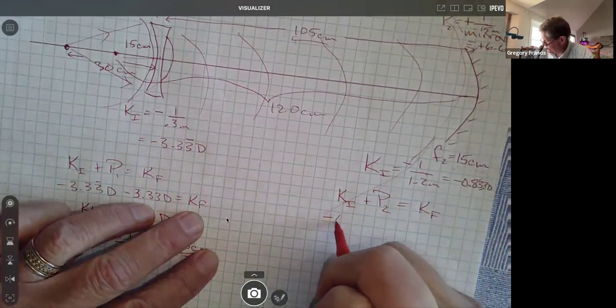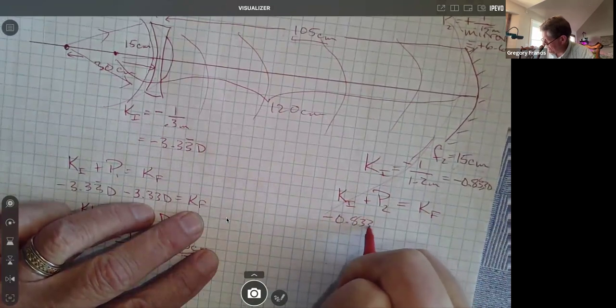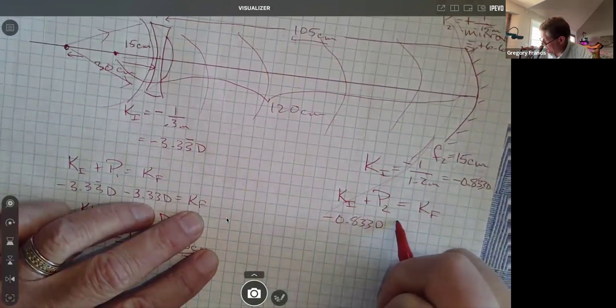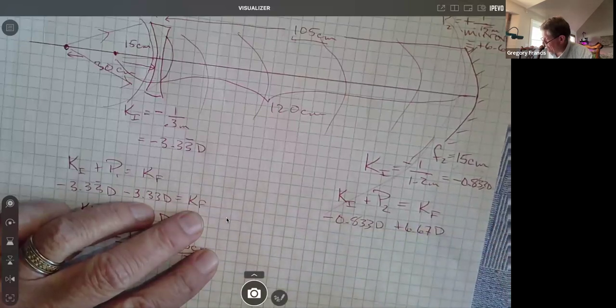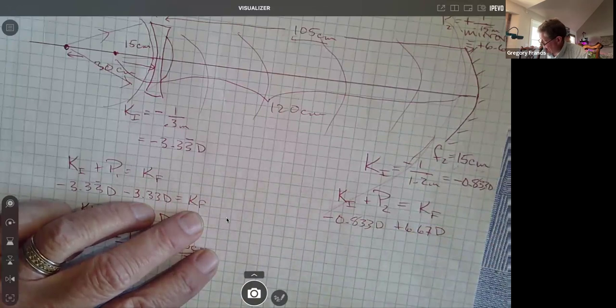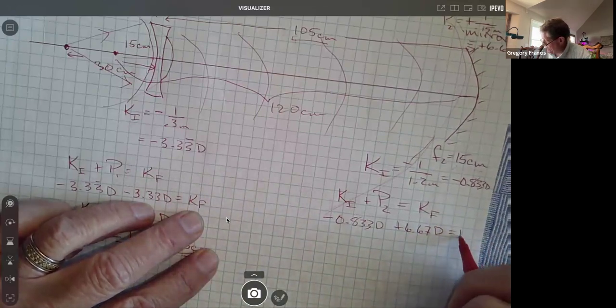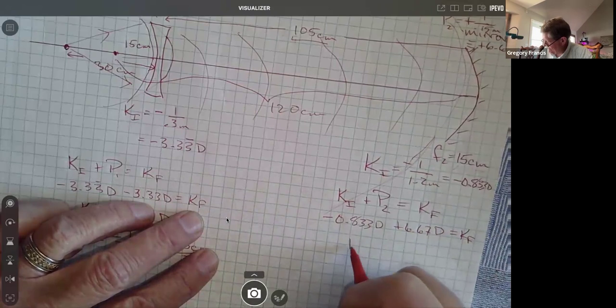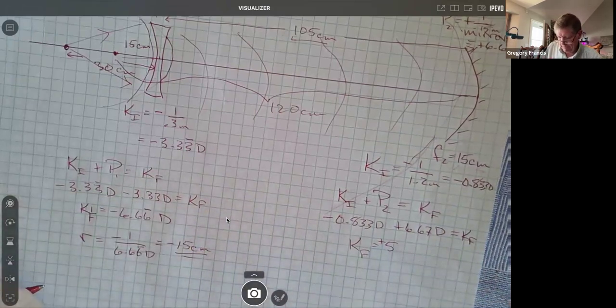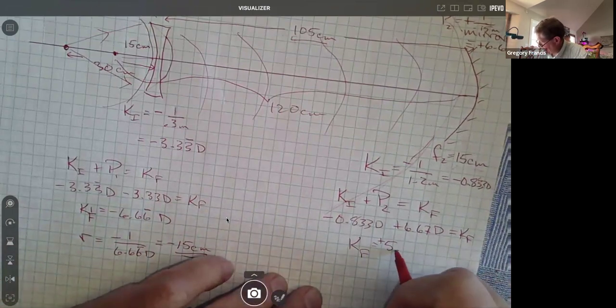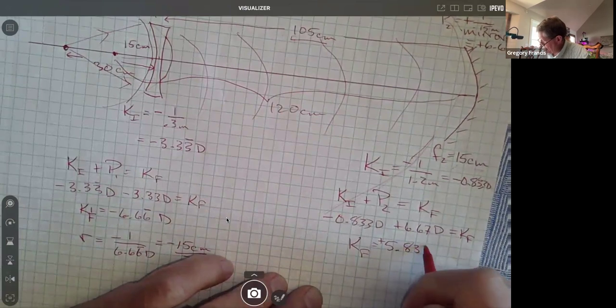I've got negative 0.833 diopters, and then I add 6.67 diopters, and that's going to give me my K final of positive 5.83 diopters.